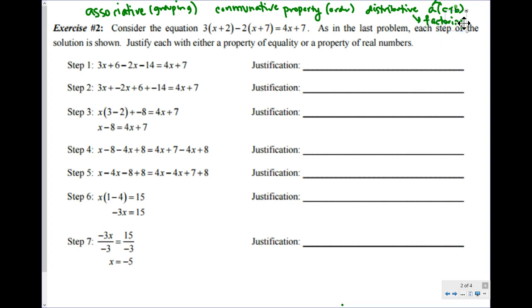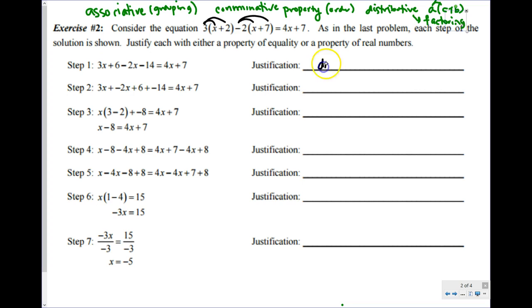So let's take a look here. Step 1: 3x plus 6 minus 2x minus 14. So what's happening from the original to this one? Well, it looks like they distributed. They did the 3 to the x and the 3 to the 2, and then they did the negative 2 to the x and to the 7.